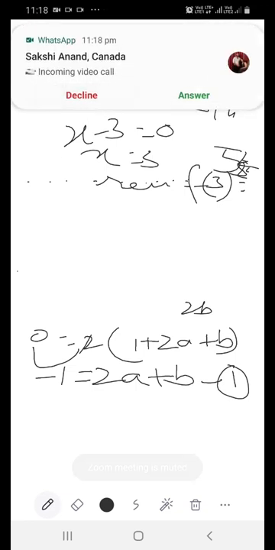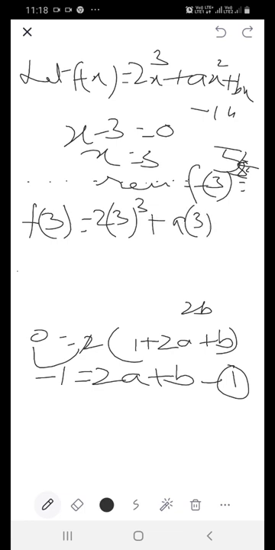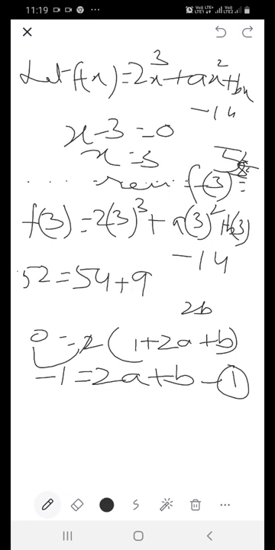We are going to find f(3). f(3) is equal to 2 into 3 cube plus a into 3 square plus b into 3 minus 14. The value of f(3) is 52. 52 is equal to 54 plus 9a plus 3b minus 14.